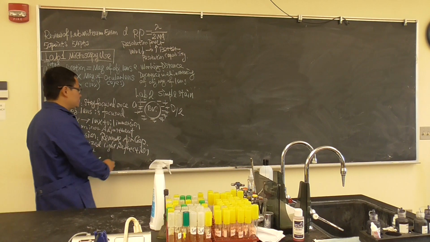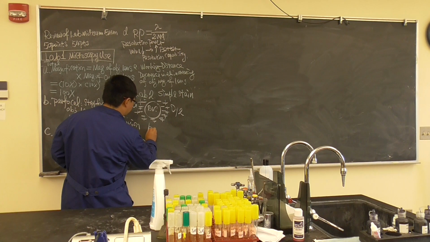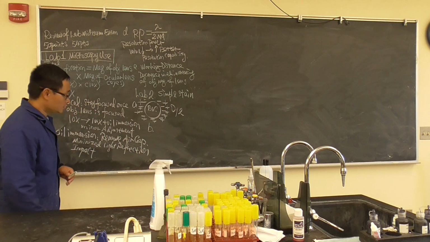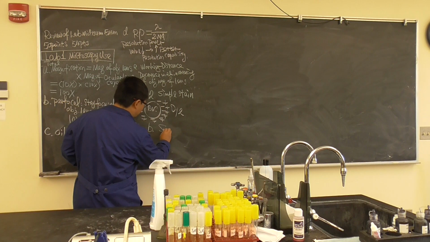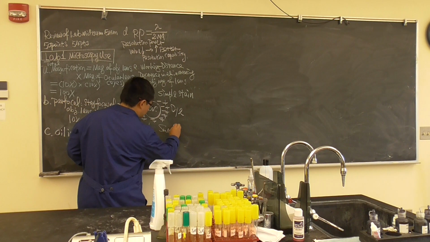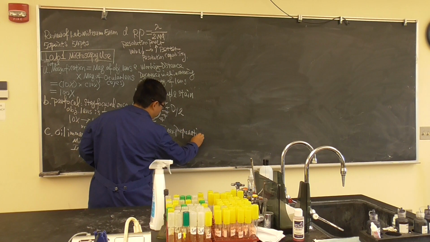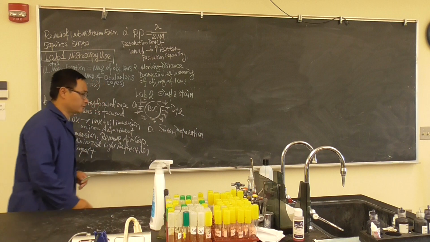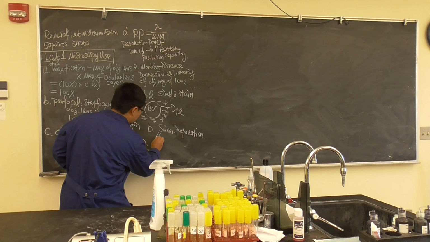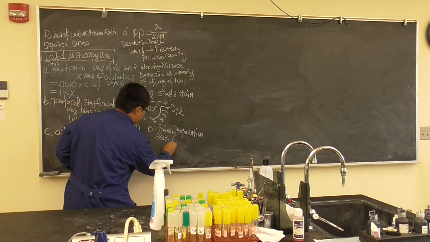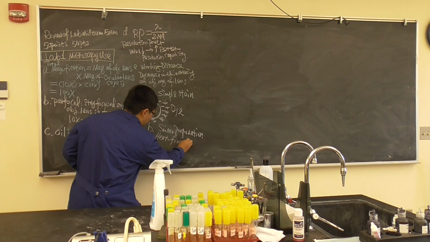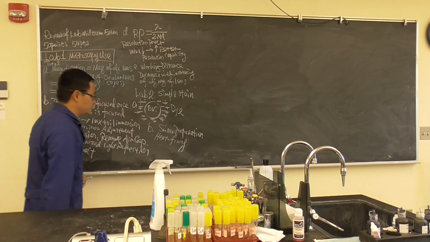Now, what is the procedure of the simple stain? That's what we call smear preparation. The smear preparation includes a very important procedure, we call it heat fixing. Okay, what is the function of the heat fixing?